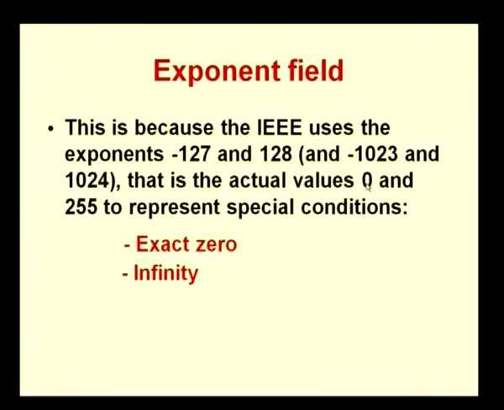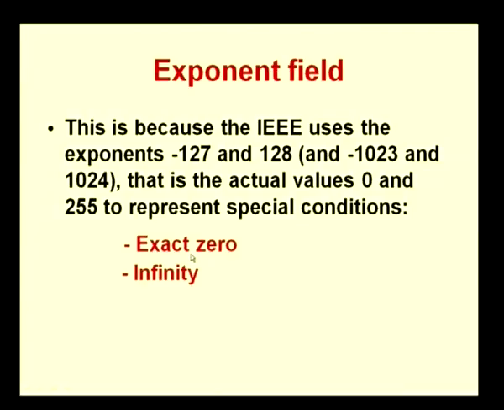So, we use the exponent value being 0 as an exact 0 representation, and similarly if the exponent value is 255, we use that to indicate infinity. Okay. These are two special numbers that are represented in this format.